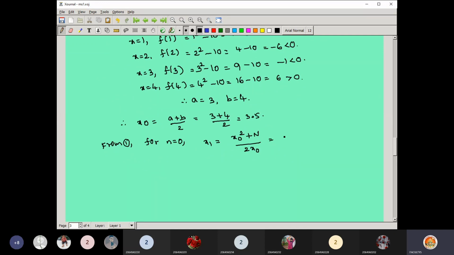So x naught is already calculated as 3.5, whole square. N means it is 10. Total it is divided by 2 into x naught, 3.5. Now you just open your calculator and find out the answer. Divided by button. So 3.5 square and plus 10, it is divided by 2 into 3.5.